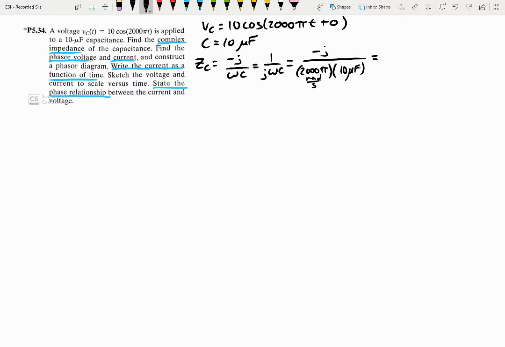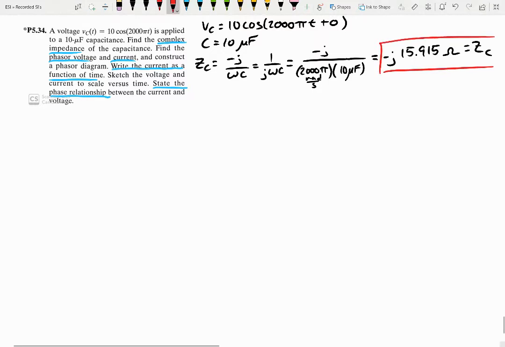And then that will give us negative j 15.915 ohms. And that's our complex impedance.